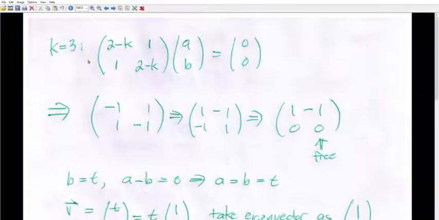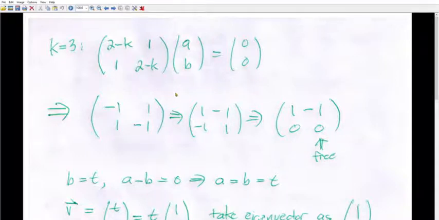Okay, now we want to do k equals 3, the other eigenvalue. So you look at the system we're trying to solve. K is 3 times AB is 0, 0. The matrix of coefficients is now minus 1, 1, 1, 1, remembering there's a 0 row of constants that we're just not writing down.